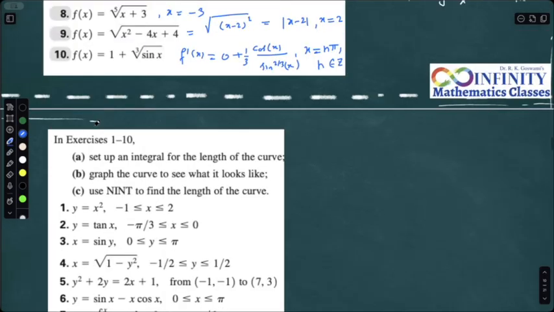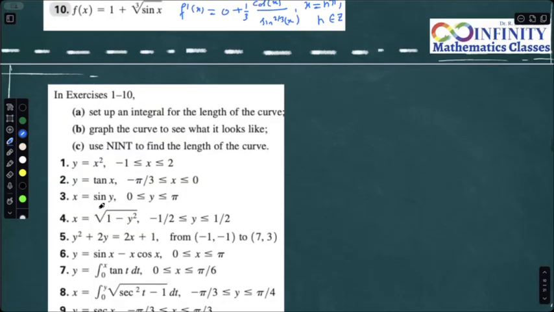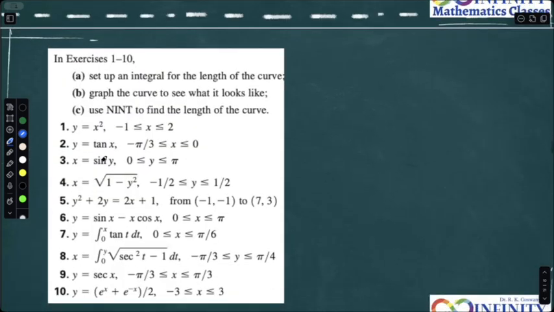If this gray portion is not there, that means you can calculate the length of the curve without any issue. Questions 1 to 3 are going to be obvious. In 3, the range of y is given to you. These are simple questions. Let me just talk about number 7.